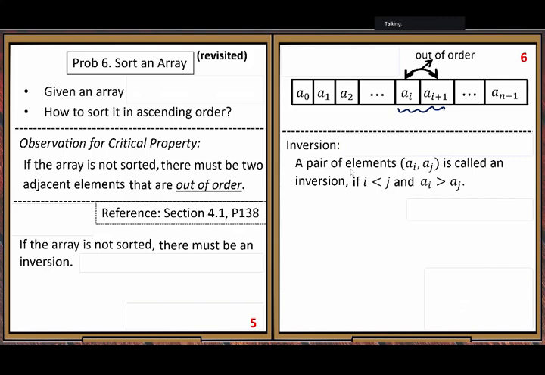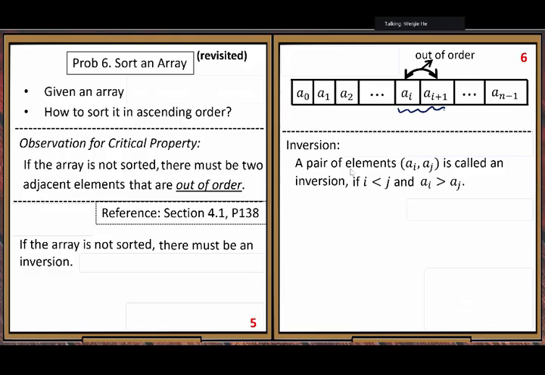Because if there is no inversion, when you select any two elements, the later one is always greater than the former one. If that property holds, then we can say all the elements are in order. So if an array is not sorted, there must be an inversion.